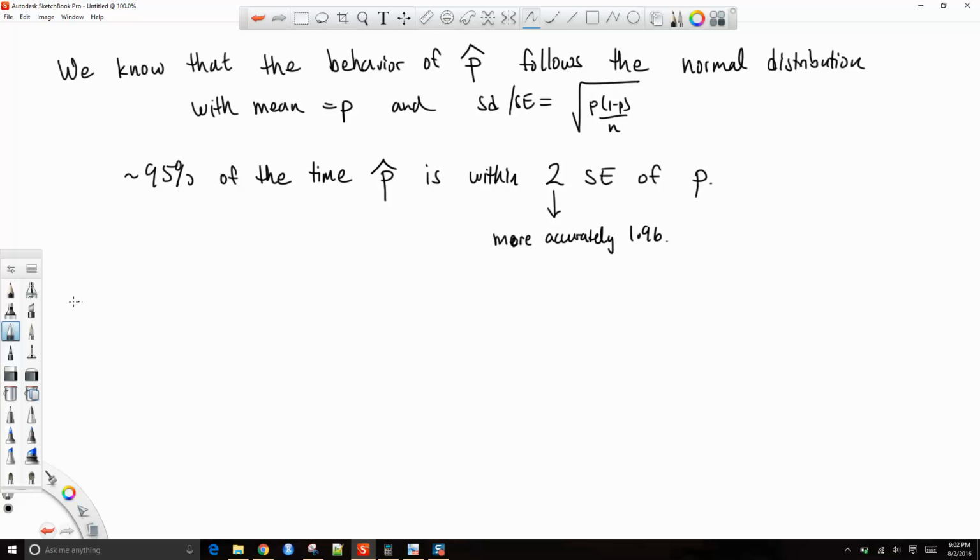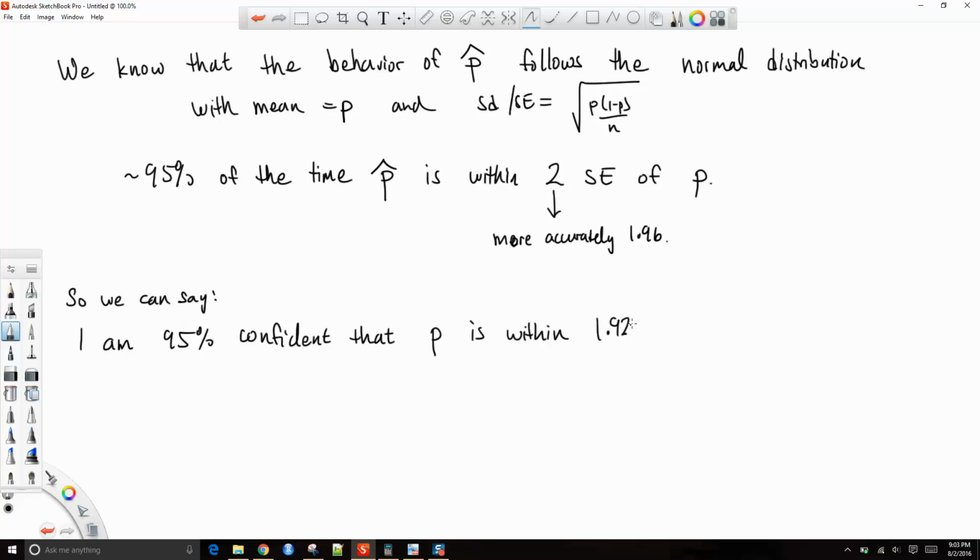Okay, so we can flip the statement around and say, I am 95% confident that p is within 1.96, almost 2 standard errors of p hat.